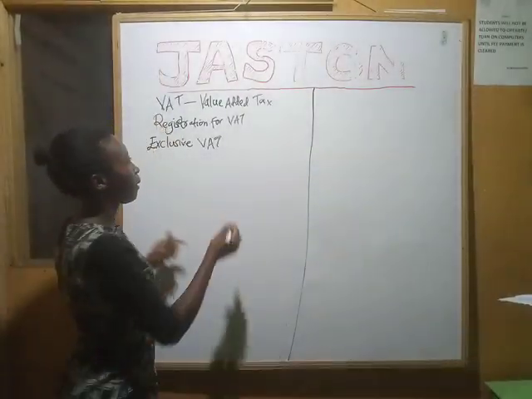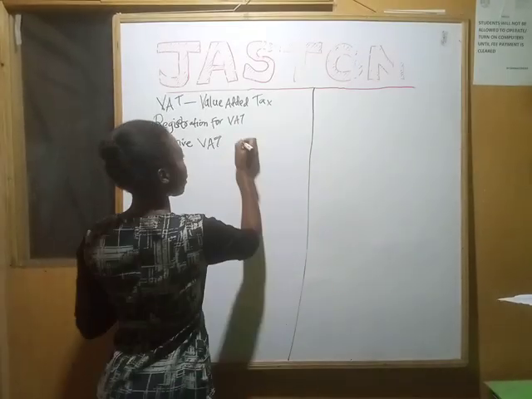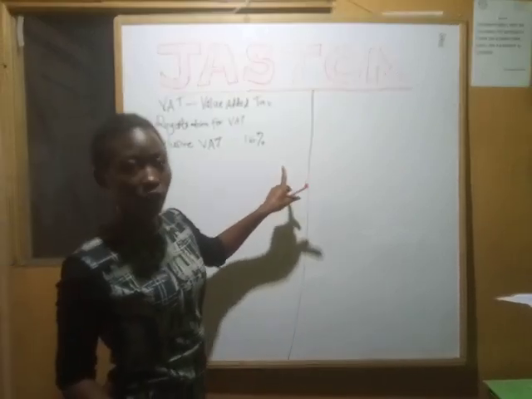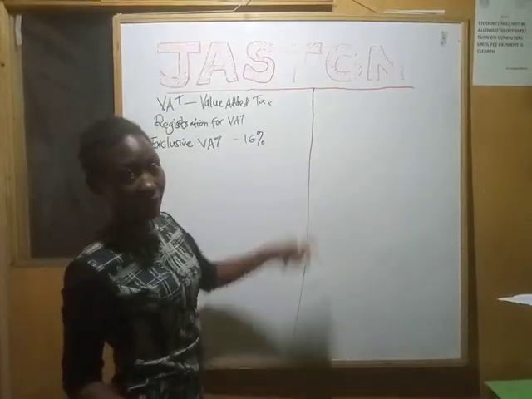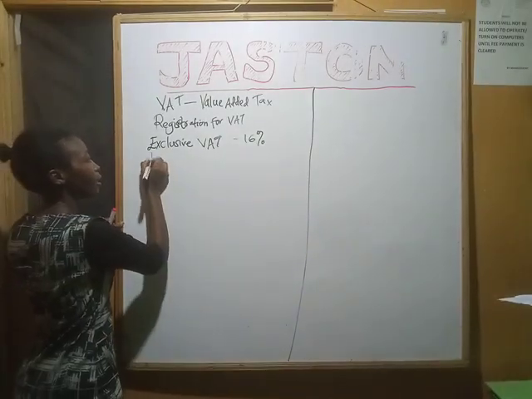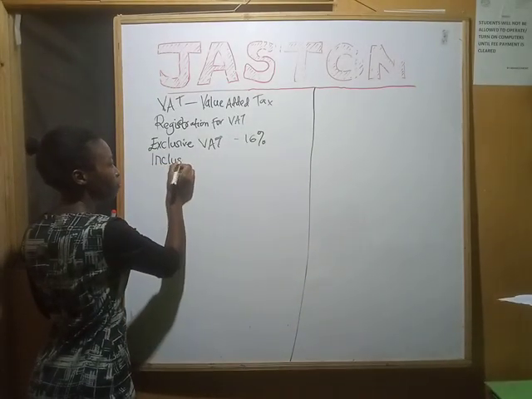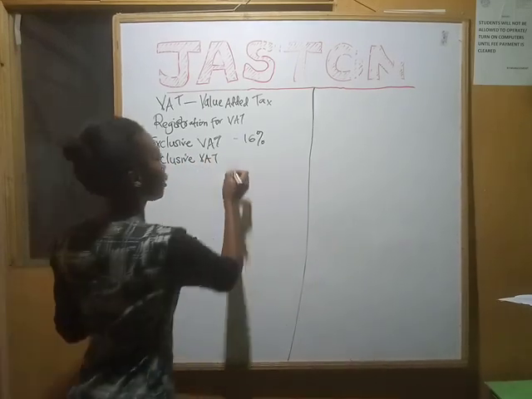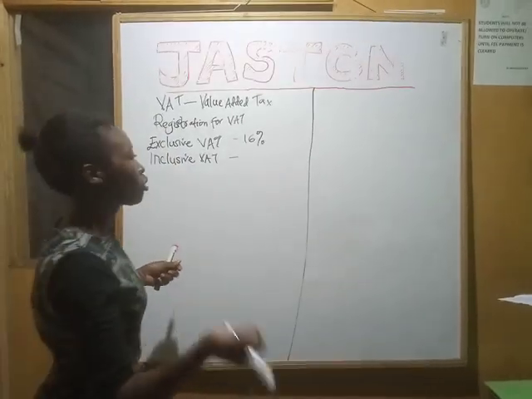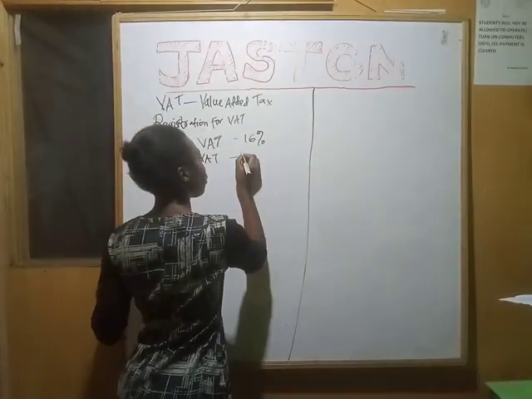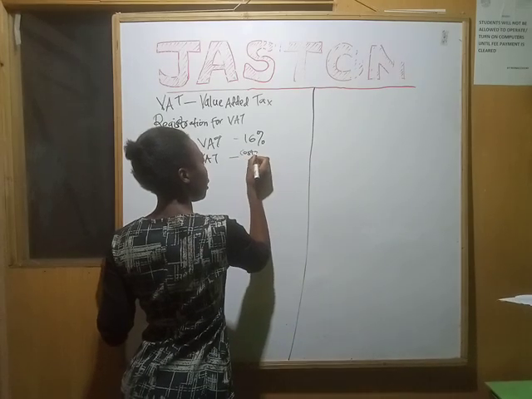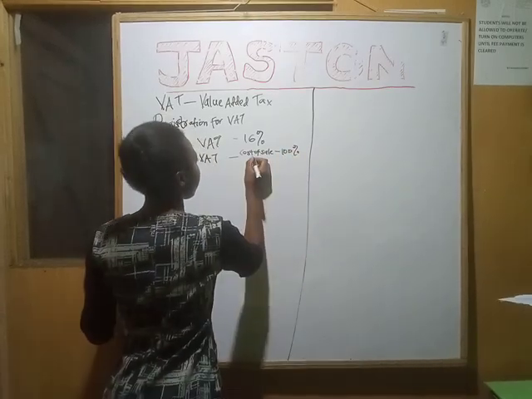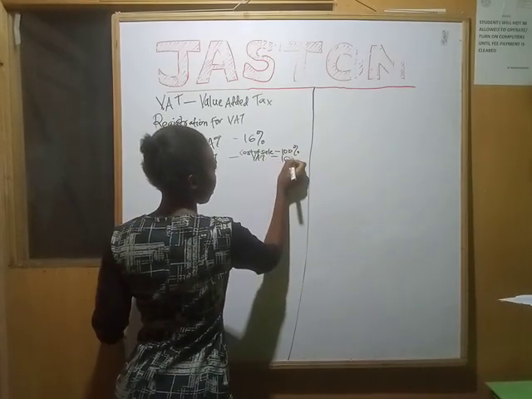In Kenya we use VAT of 16%. This means we will calculate the VAT on the cost of that good by 16%. When you hear about inclusive VAT, this means VAT is included in the cost of sales. Let's say cost of sale is 100% and the VAT is 16%.